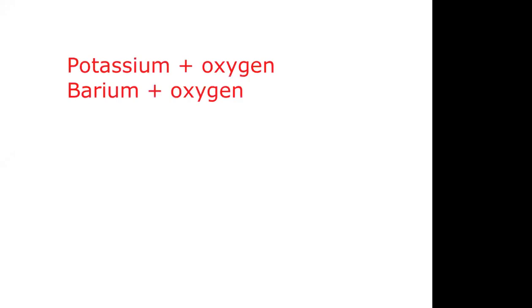So you're going to do potassium and oxygen. You're going to figure out what is formed when potassium reacts with oxygen. What is formed when potassium reacts with oxygen, class? Potassium oxide. And then barium and oxygen. So I'm hanging around.